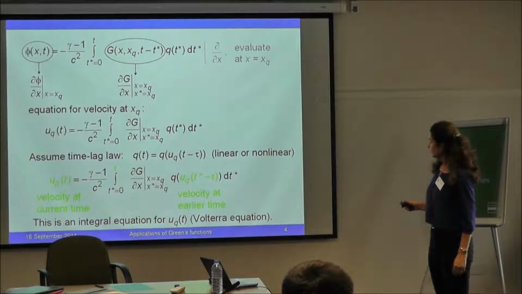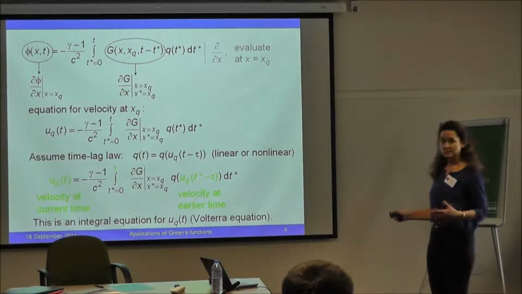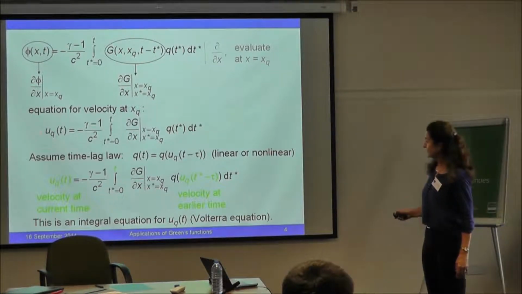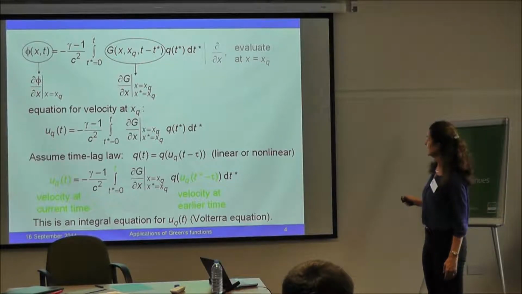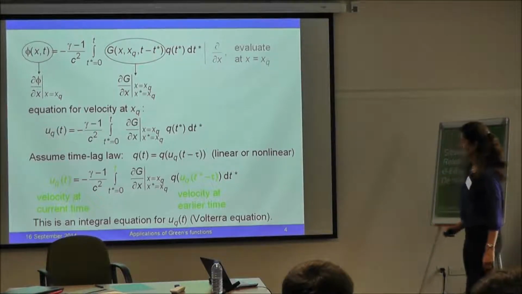So what this gives is an equation for the velocity, because d phi by dx is the velocity in the one-dimensional case. I've denoted that by u_q, q for source, that's the velocity at the heat source. Then this constant is just the same, the integral is just the same, and then the derivative acts on this Green's function, which we see here, and then we have the heat release rate and the dt star.